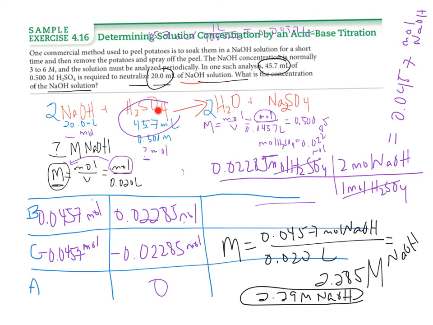You've added enough of the sulfuric acid that it will react with all of the sodium hydroxide that you have. And it's really these protons that are reacting with these hydroxide groups. We call that the equivalence point. So I'm going to move to the next.